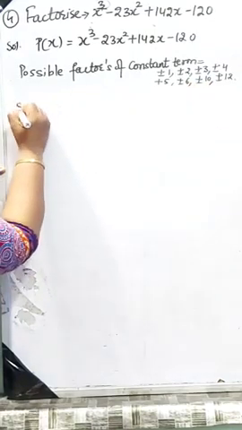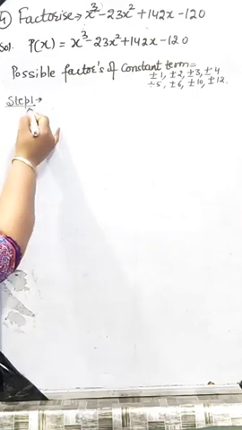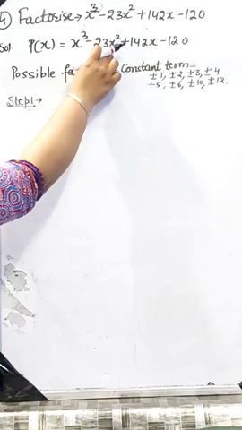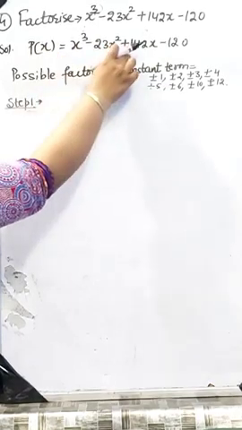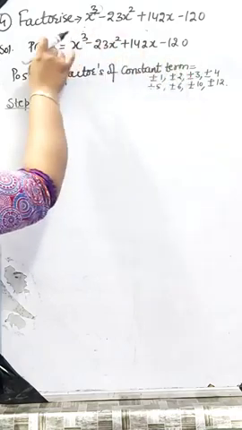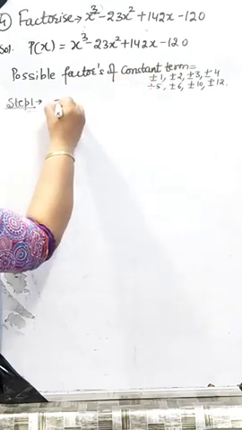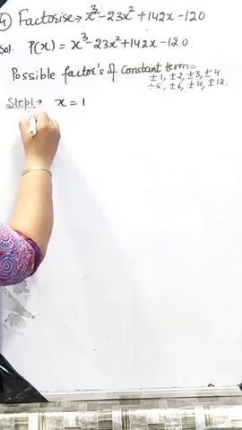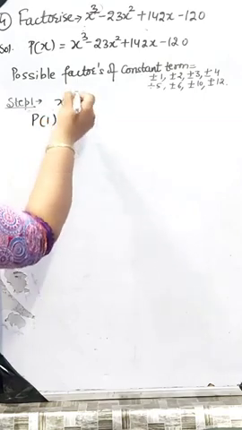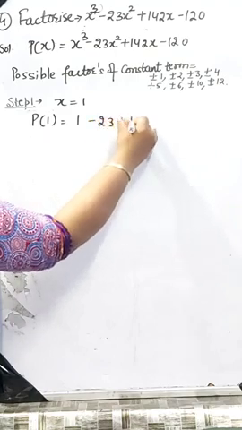Now step 1. In step 1, we have to find one possible factor of this polynomial. To find one possible factor, we have to substitute these factors one by one in this polynomial. Let's start by putting x equal to 1. If our selected factor makes our polynomial 0, then we have to stop.